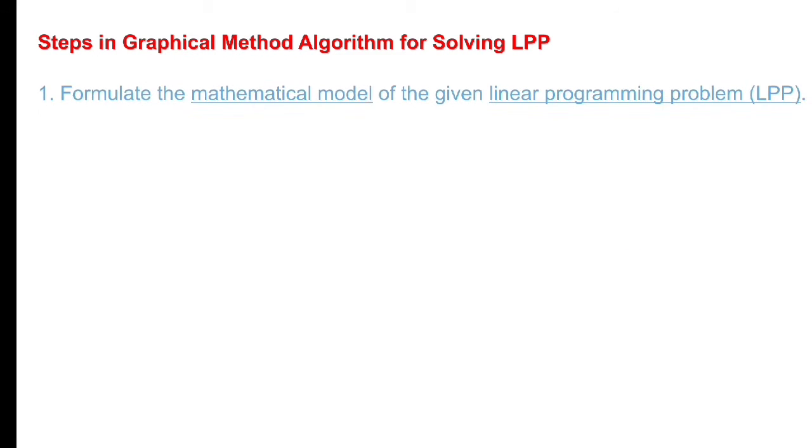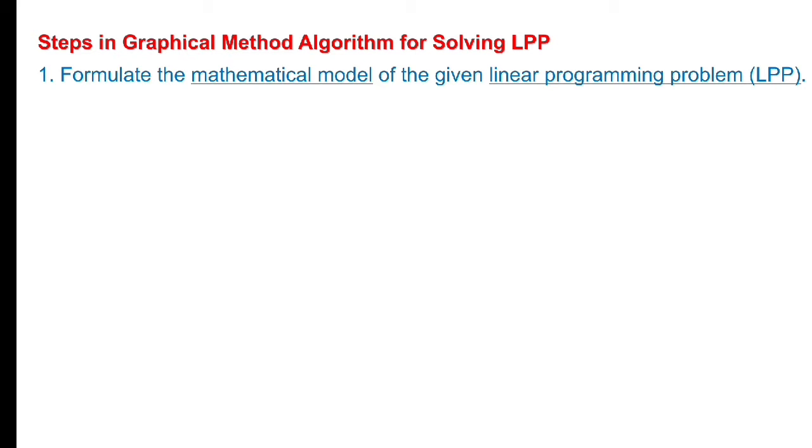We cannot feel and realize the three-dimensional format. Steps in the graphical method algorithm: what methods are used for solving it? Formulate the mathematical model of the given linear programming problem, in short LPP. I already explained how to formulate it. First, select the decision variables.